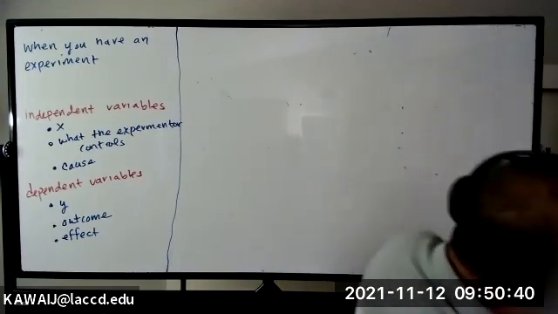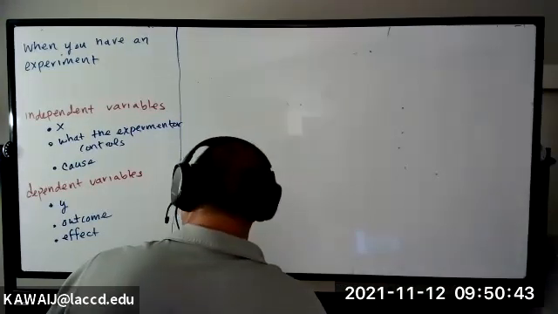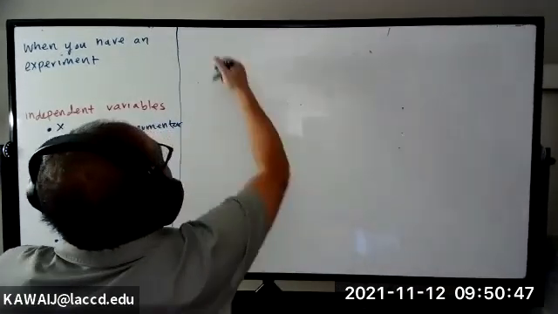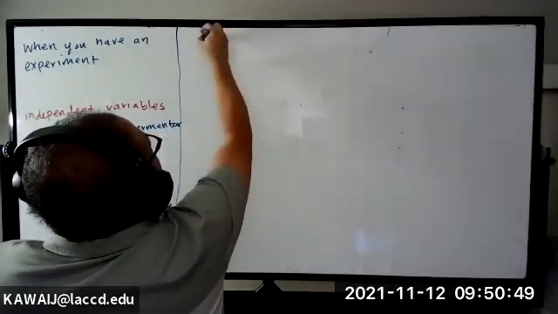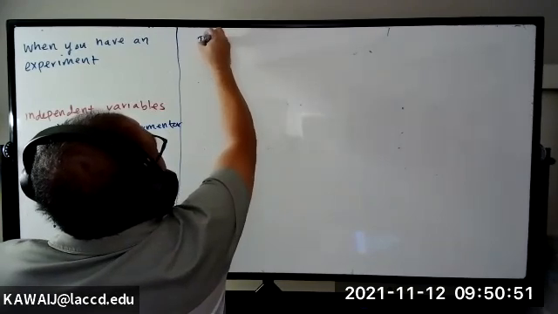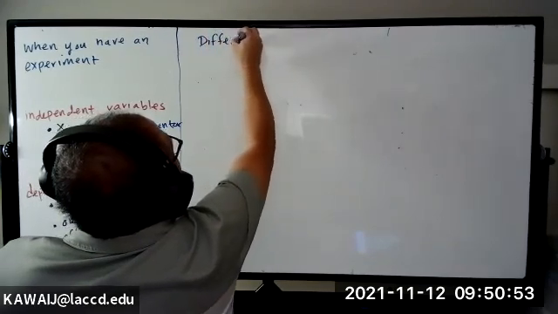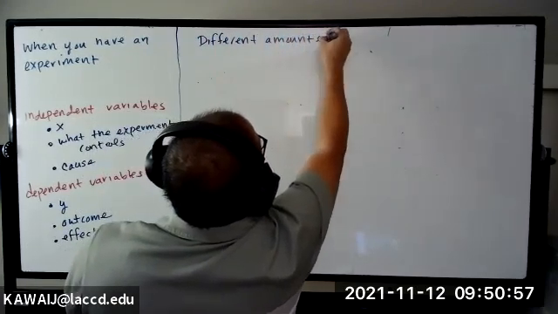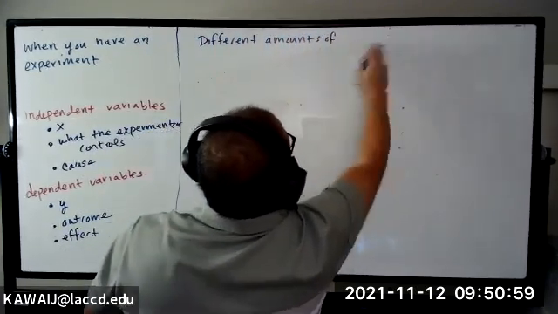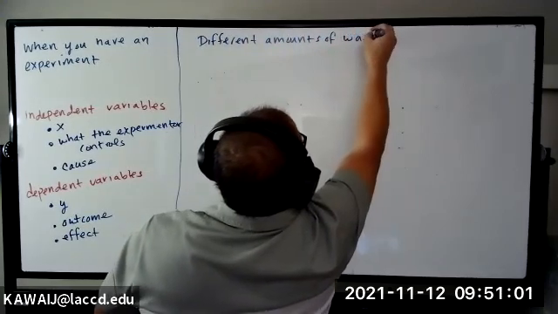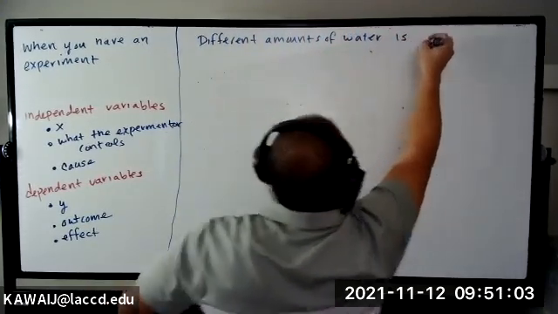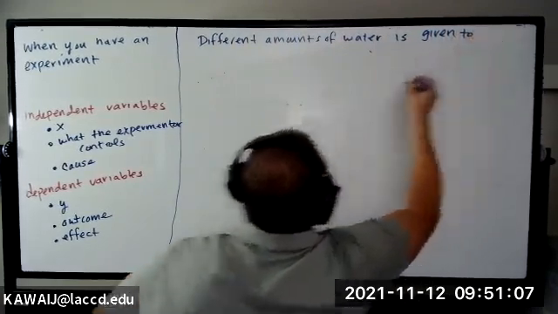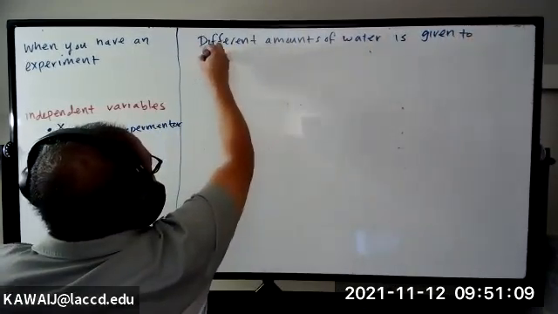And then they'll have something like: different amounts of water is given to pea plants.